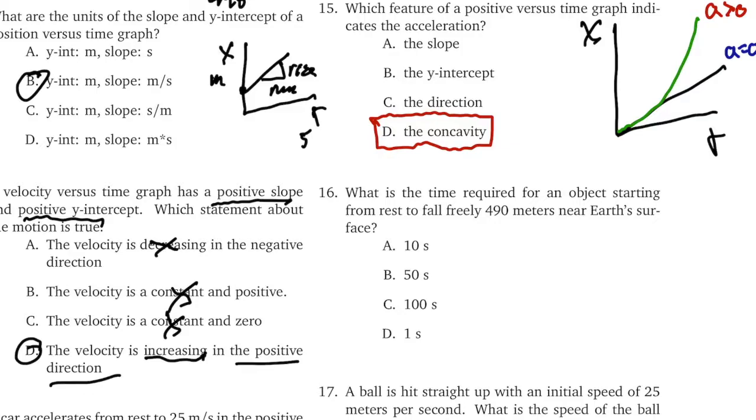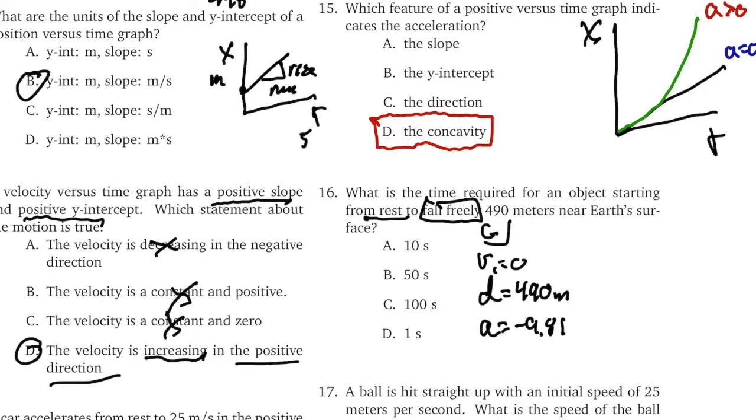All right, for 16, we are given information. We're told that VI equals 0, starts from rest. D equals 490 meters. And we see fall freely, which tells us that A equals negative 9.81 meters per second squared. We would also say that d is a negative number because we're falling down. Our unknown we're trying to solve for is the time. Our equation would be something that has d, v, a, and t in it.